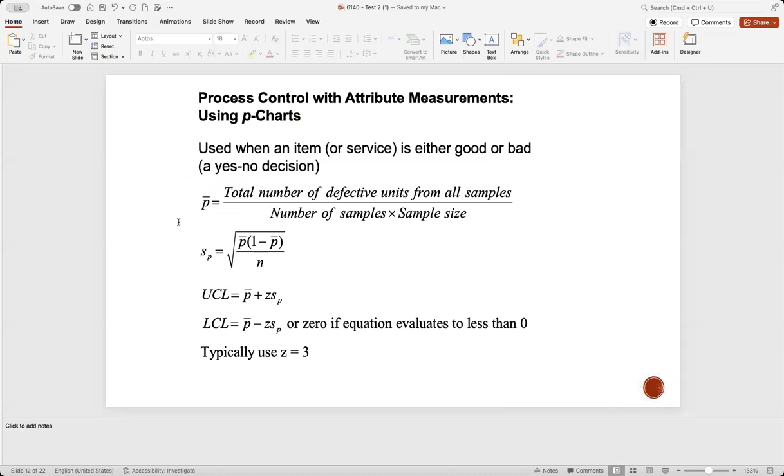The following slides give you all the formulas you may need to solve those different control charts. This slide shows how to calculate the p chart. For any control chart, you need to find at least three numbers: the average, the upper limit, and the lower limit.